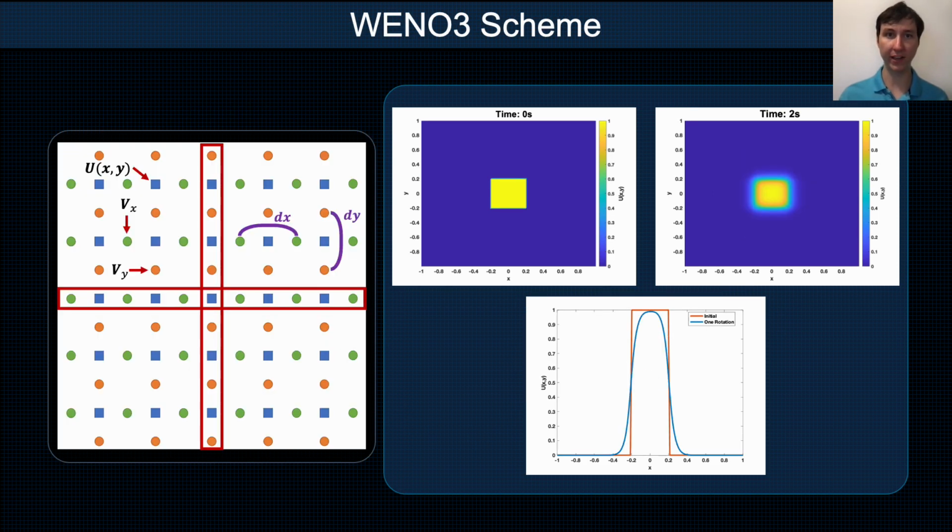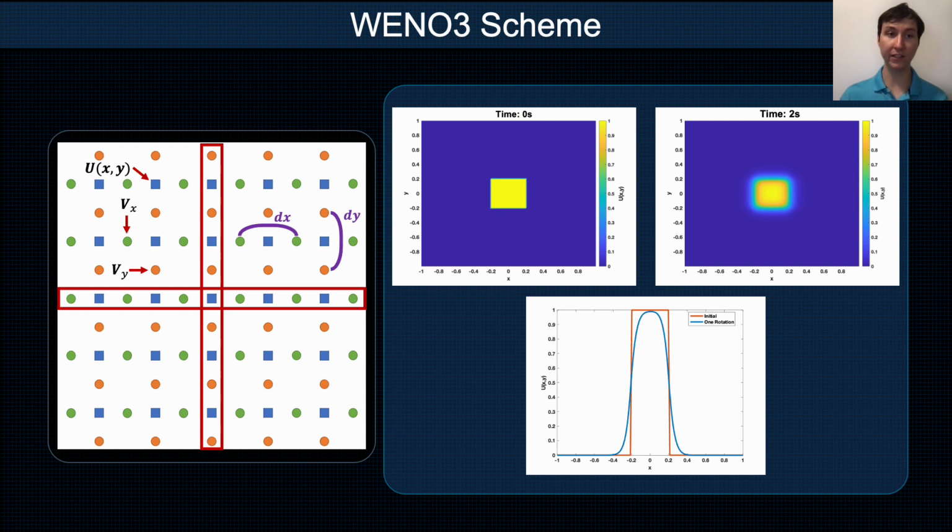Now let's take a look at our other spatial discretization scheme, WENO3. Here on the left we show what the stencil is in 2 dimensions. We see that in x and y the stencil looks exactly the same, requiring 5 function values of u, 6 velocities, and 6 dx values.